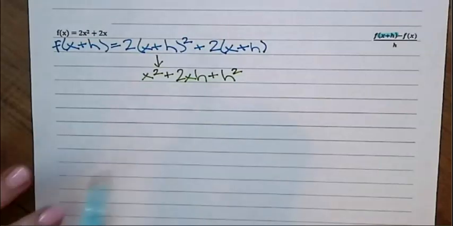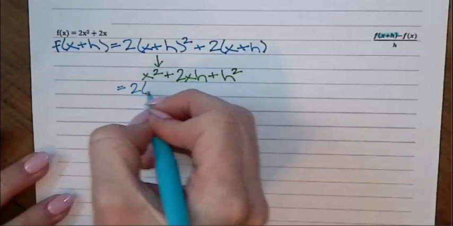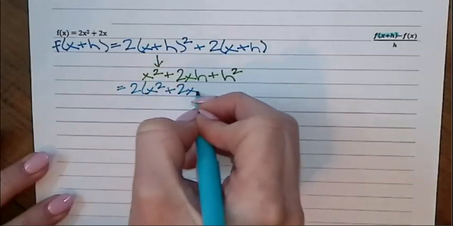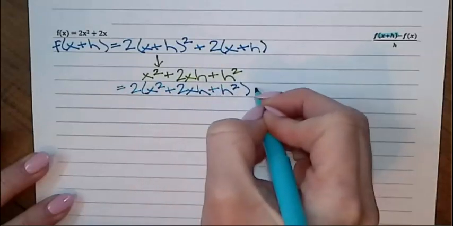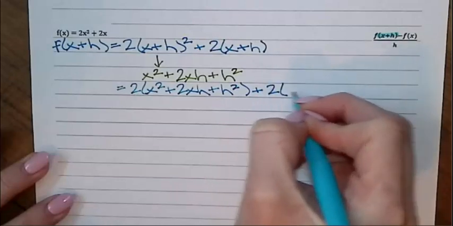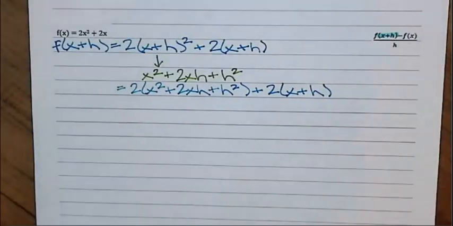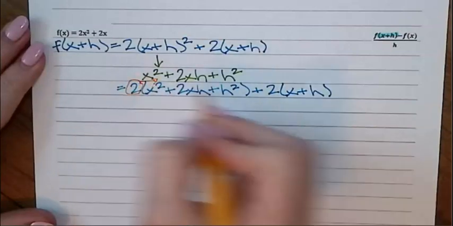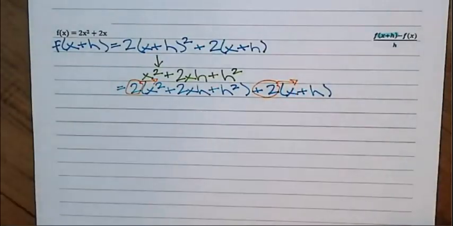So we could go ahead and write f of x plus h as 2 times x squared plus 2xh plus h squared, plus 2 times x plus h. We're still trying to find f of x plus h, and now we've got to take this 2 and distribute it, and this 2 and distribute it.